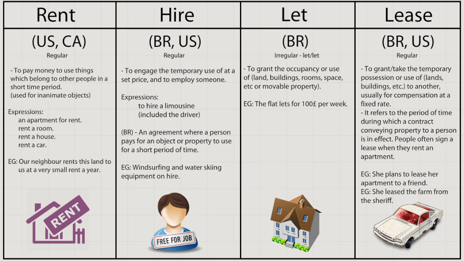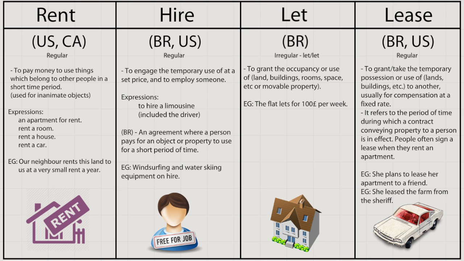You rent something, okay? You hire a person to do something for you, okay? If you hire a limousine, like I said at the beginning, the driver is included, okay, in the hiring. This is what it means. Okay, and that is the difference between the British English and the US English.